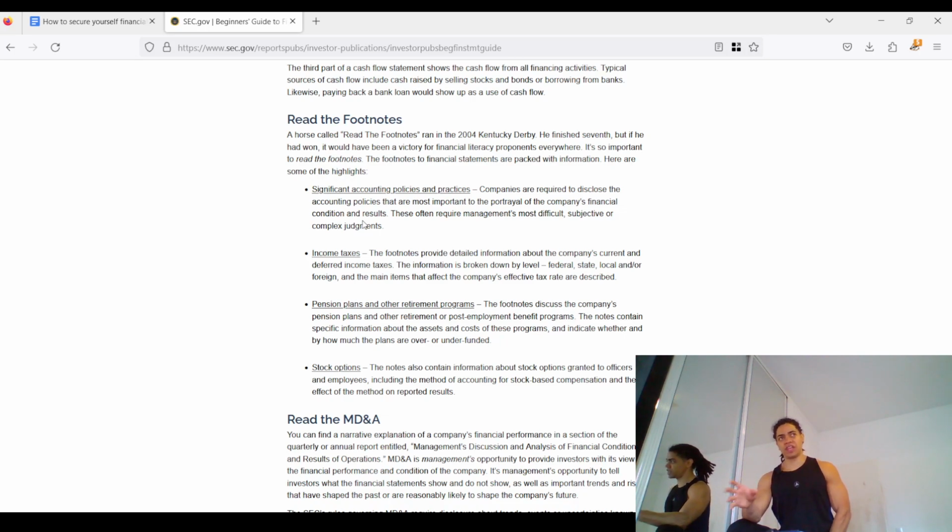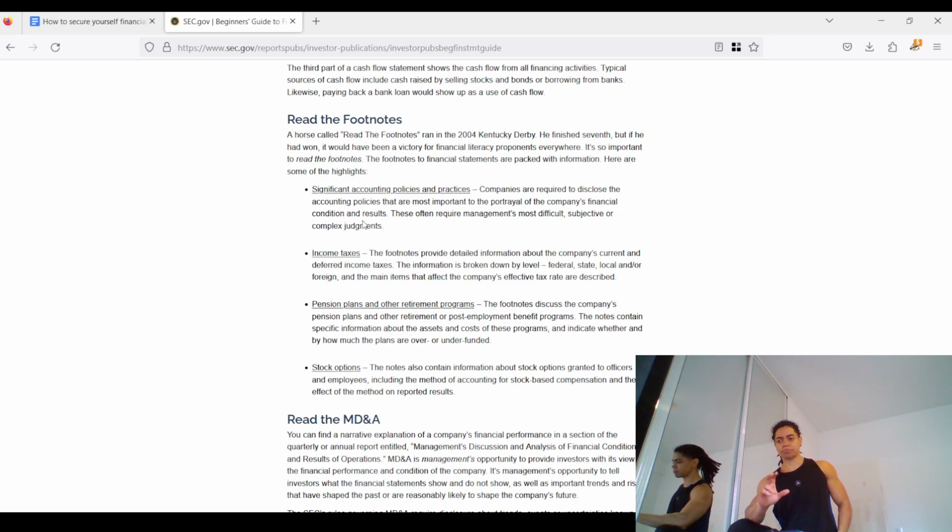Stock options come from something called equity derivatives, where the underlying value of a particular stock is based on an asset, a group of assets, or a benchmark.